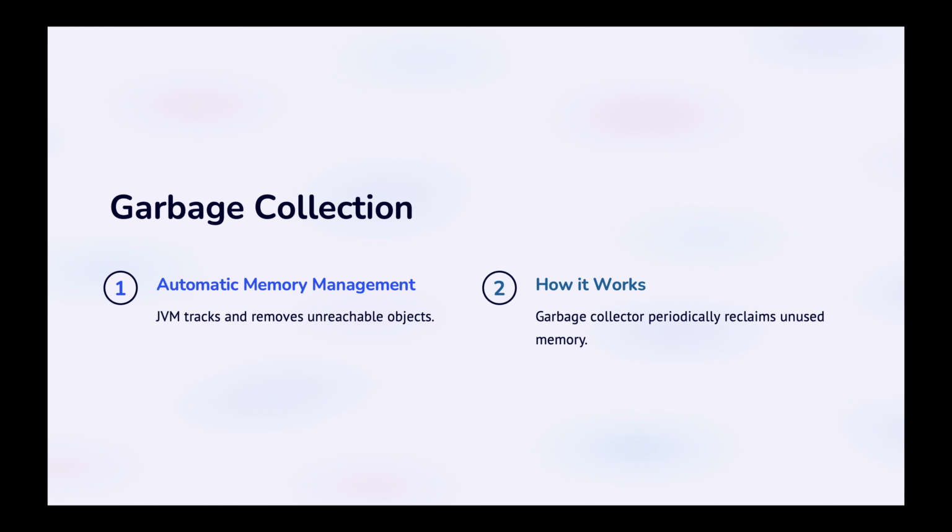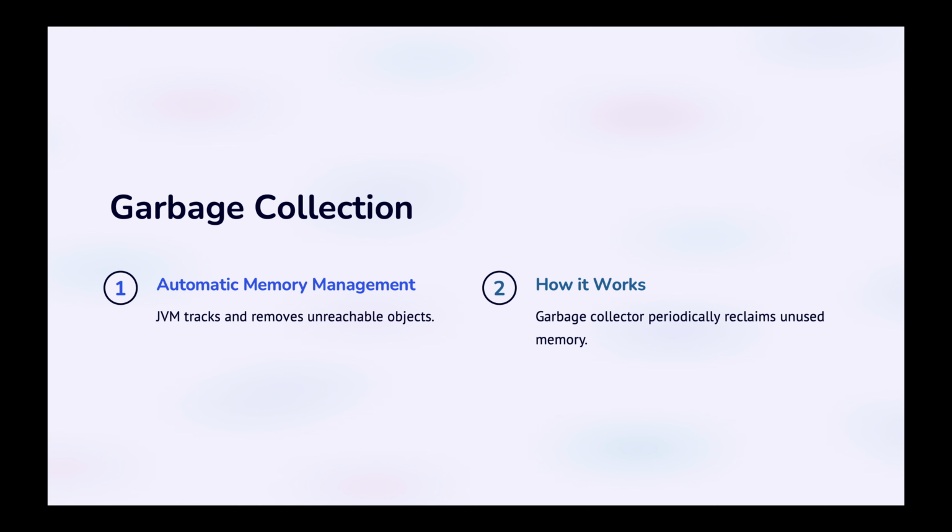The JVM has a garbage collector that tracks objects and removes those that are no longer reachable in the application. So that means when an object has done its task and there is no reference to it, then it can be garbage collected. That is of no use, right? It's not reachable in the application now, so it can be removed by garbage collection.